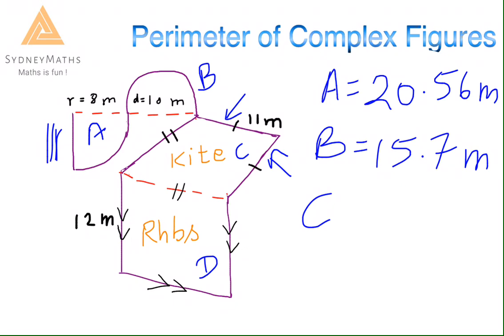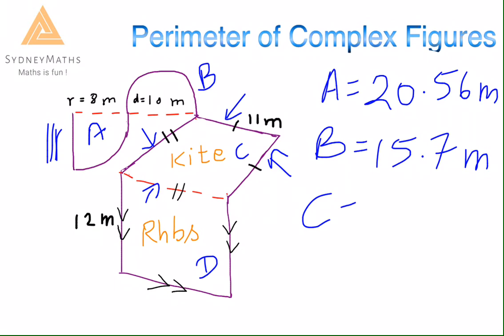So they are both 11 meters. And this side is equal to this side. But notice that one of the sides of the kite is a dotted line, which is not part of the perimeter because it's not the boundary of the object.